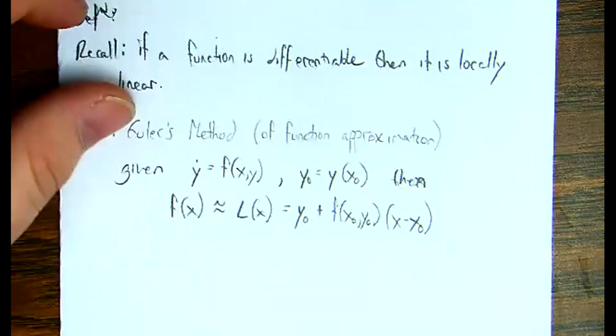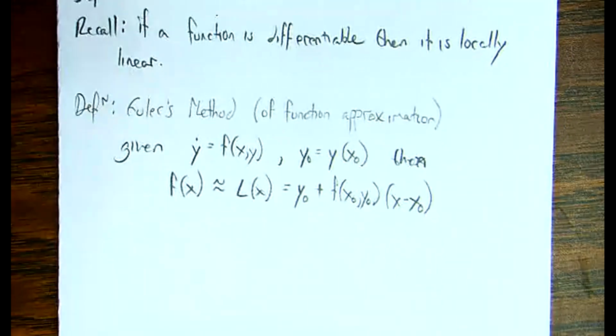And the biggest issue with this is it's only locally linear. The larger you get from your centering value, the more error your approximation is prone to having. So one way we can fix this is just say, okay, I never want to take a step size larger than a certain value.